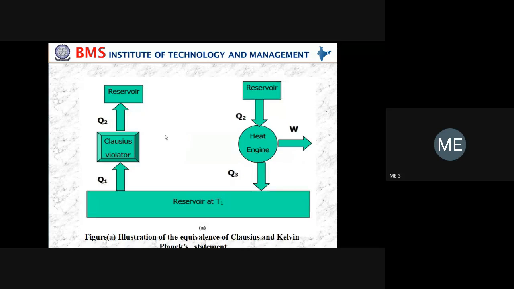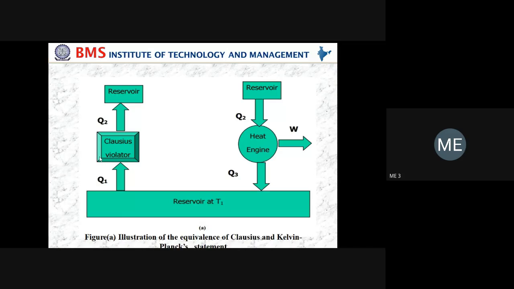You take the first diagram. Suppose there is no work input at all. In that case, it violates the Clausius statement, because there is no work input.